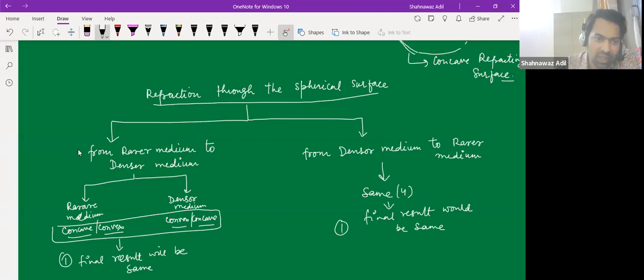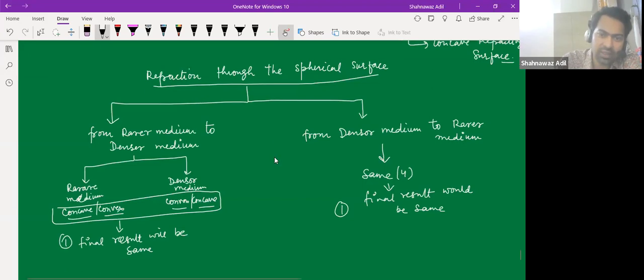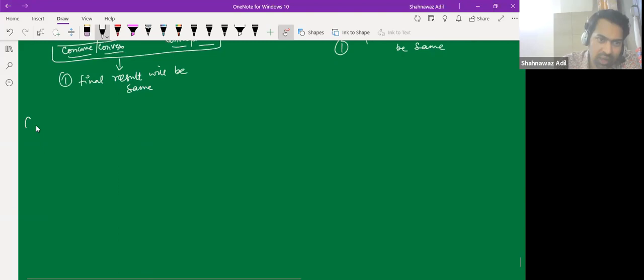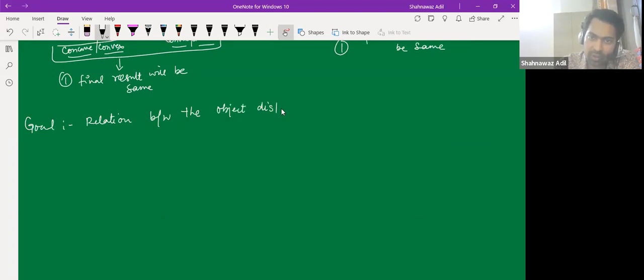So we'll do one case of rarer medium to denser medium, and we'll do one case from denser medium to rarer. And the goal is to find out the relation between the object distance and image distance and the radius of curvature.